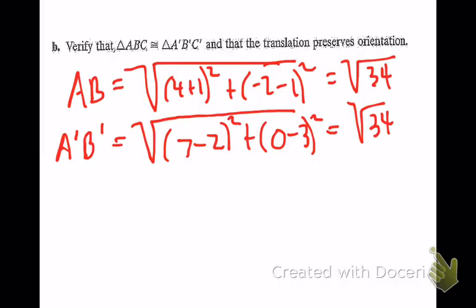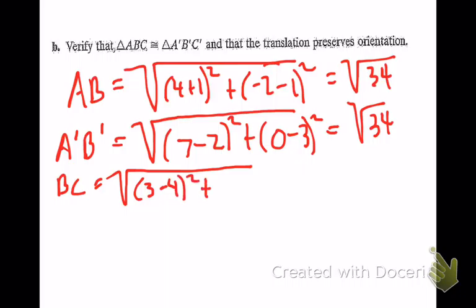We do the same thing with BC. So BC is equal to the square root of 3 minus 4 squared plus 6 plus 2 squared, which is equal to radical 65.